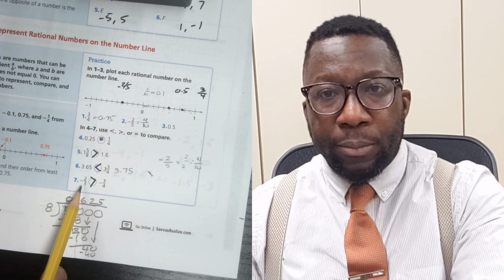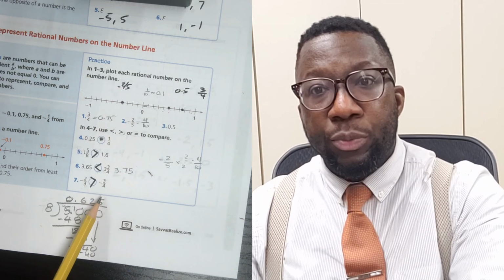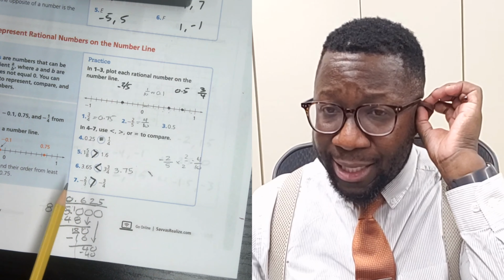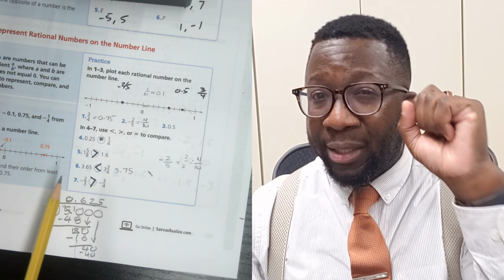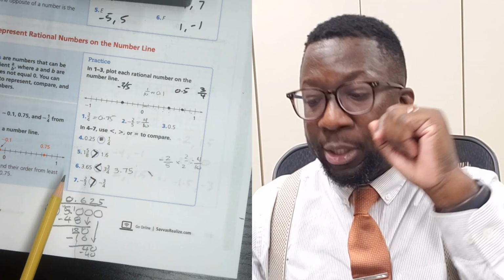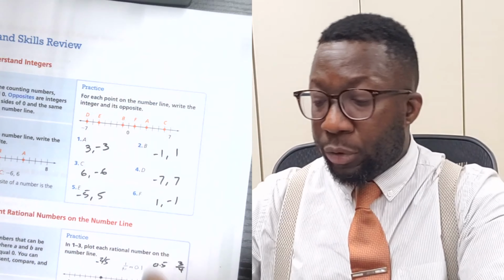So even though 2/3, which is equivalent to 0.66, and 3/4, which is equivalent to 0.75, even though 0.66 is less than 0.75, we want to remember, because of that negative sign, negative 0.66 or negative 2/3 is greater than negative 0.75 or 3/4.